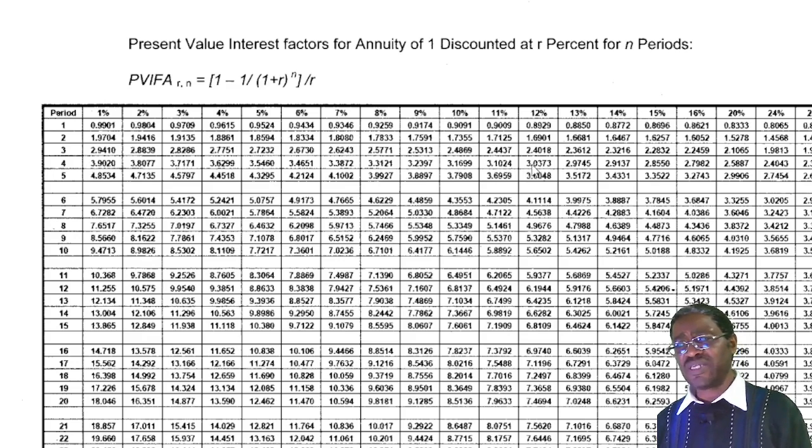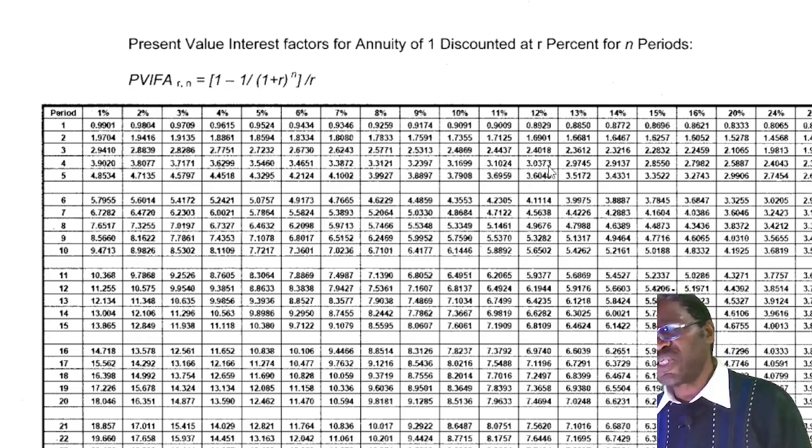I am getting 3.0373. Are you seeing it there?